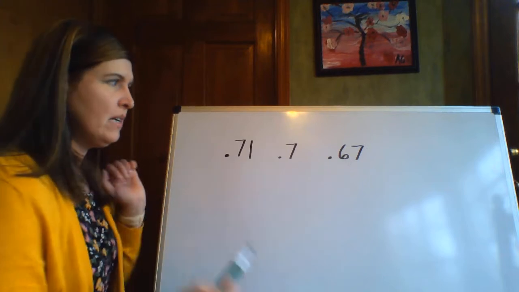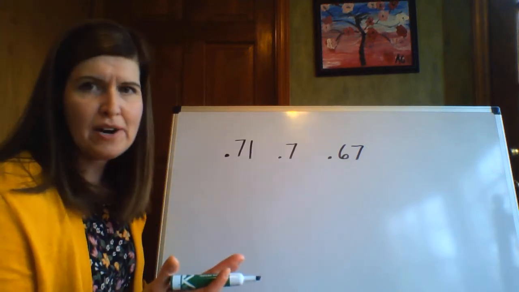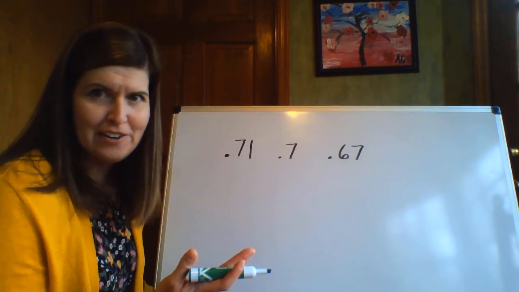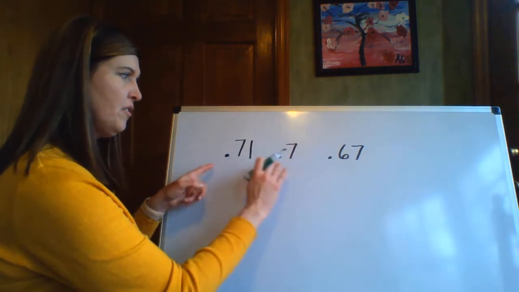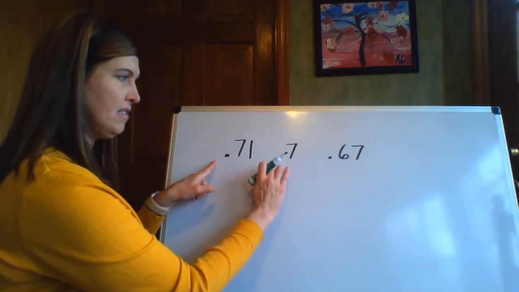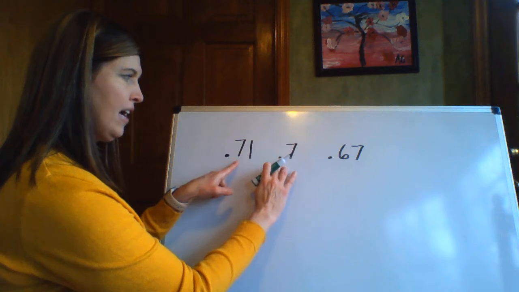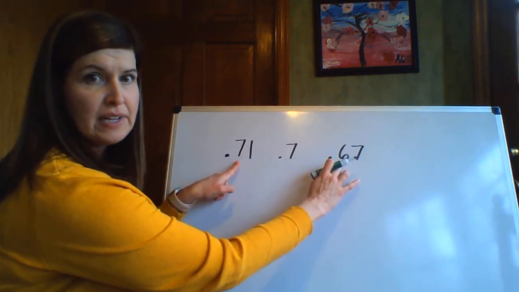So when we're looking at 3 decimals and we're comparing them, we do the same process that I was showing you yesterday in our video. We start with the furthest place value. So for this, we're all starting with the tenths place because there's nothing in the ones place. After the decimal, I look at the first place value, which is the tenths place.